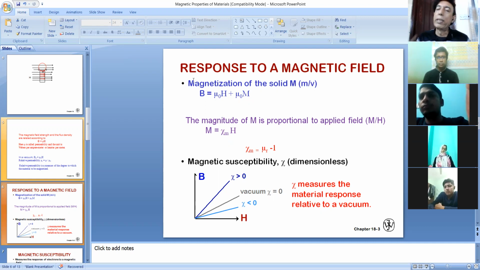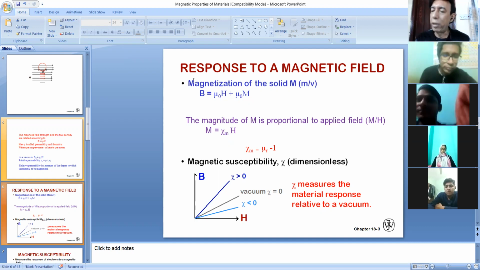That is called magnetization: how many magnetic lines enter into your magnetic material per unit volume.